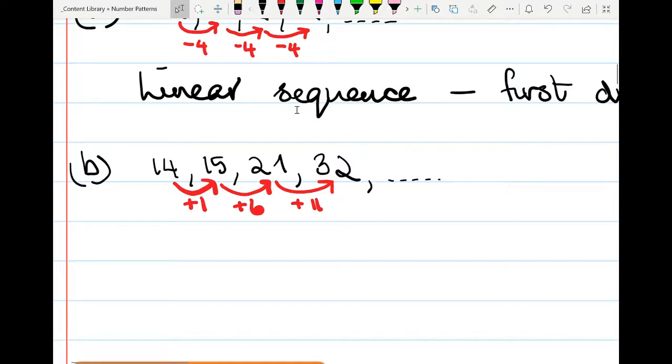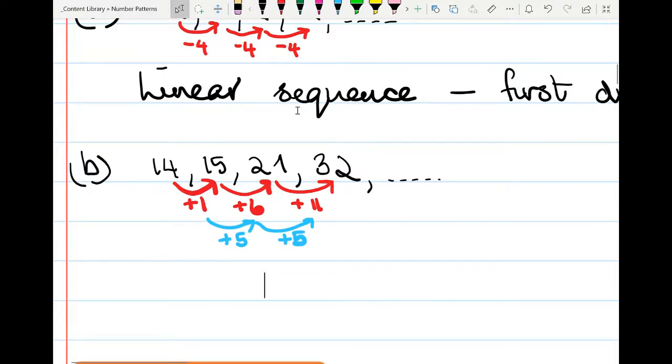However, if you have a look at the differences, they follow a linear pattern. So if we have a look at the differences from +1 to +6, that's +5, and from +6 to +11, that's +5. So the differences form a linear pattern.